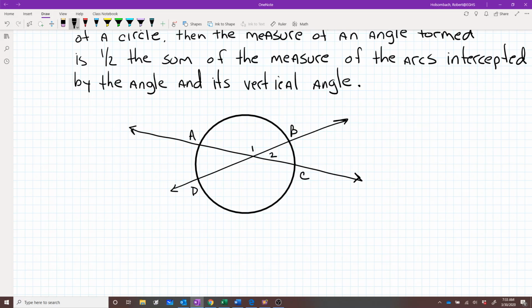And what this rule says is that the measure of angle 1 is equal to 1/2 the measure of arc AB plus the measure of arc CD.